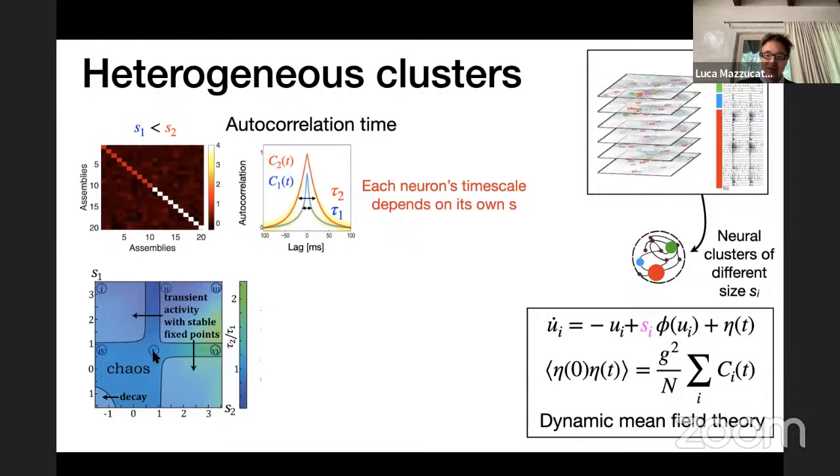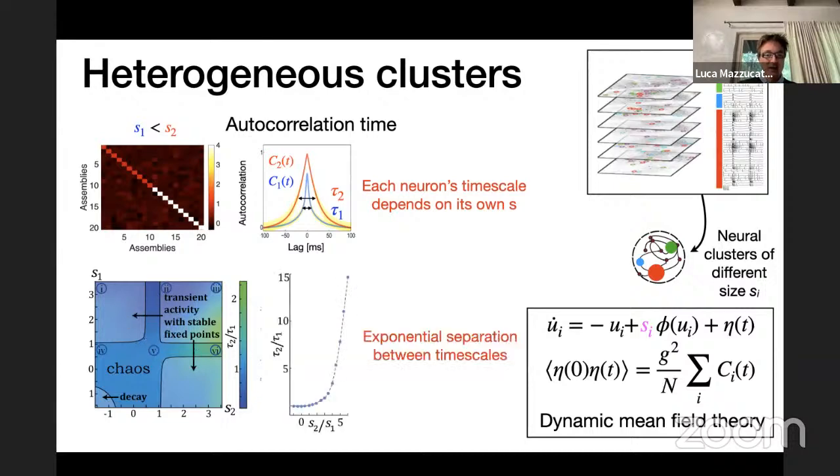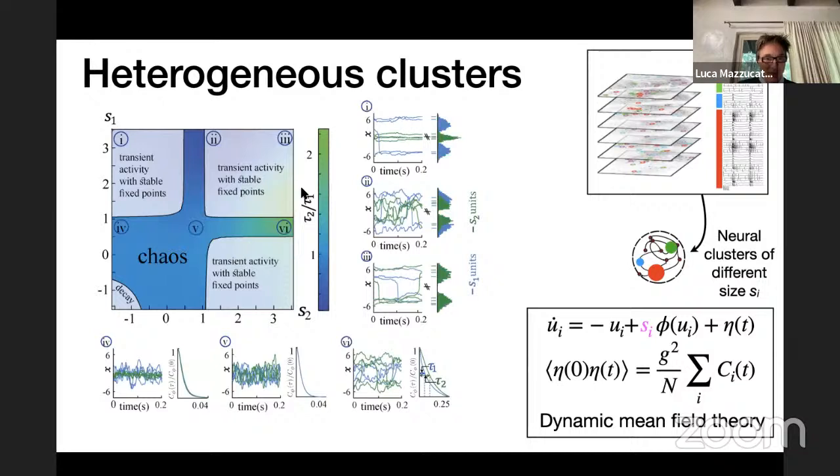For example, as a function of the two self-couplings in the two groups of neurons, we have a complicated phase diagram where in some regions we have chaos, and in some regions we have transient activity with fixed points. I just wanted to give you an example of what this looks like.